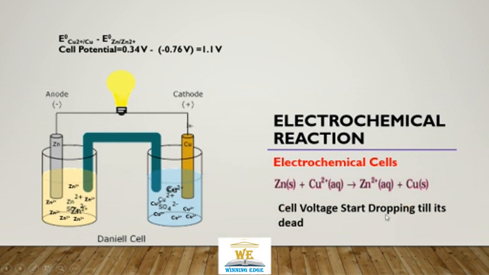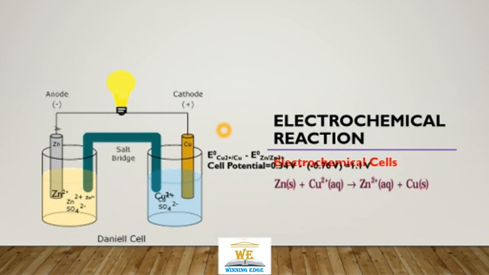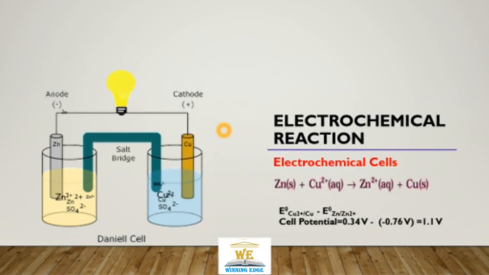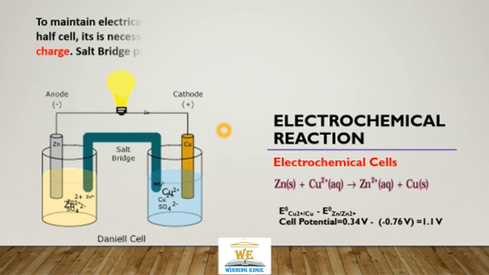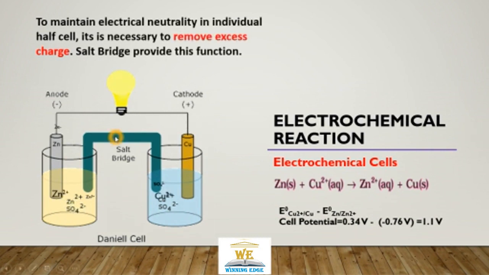That causes the voltage to drop because excessive positive and negative charges start polarizing the solutions close to the electrode. The answer to this was how to neutralize these excessive charges. The concept of the salt bridge was introduced. This is a salt bridge.